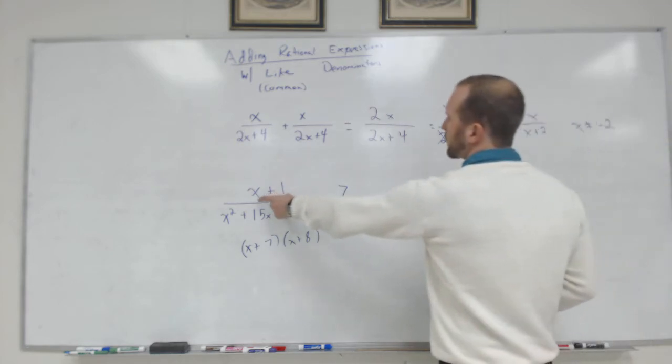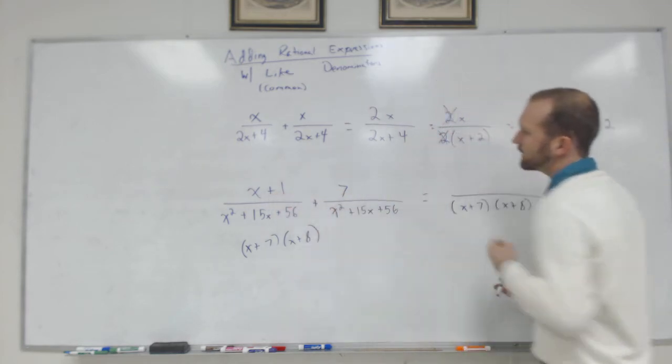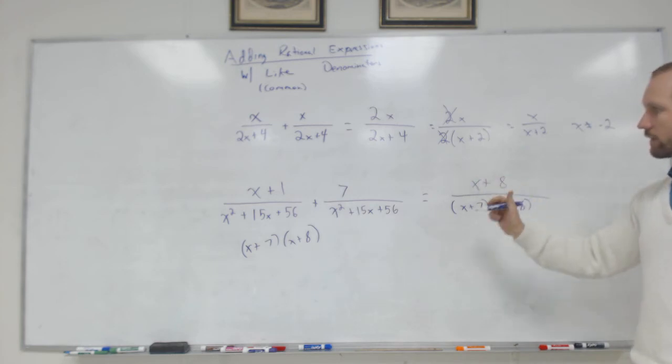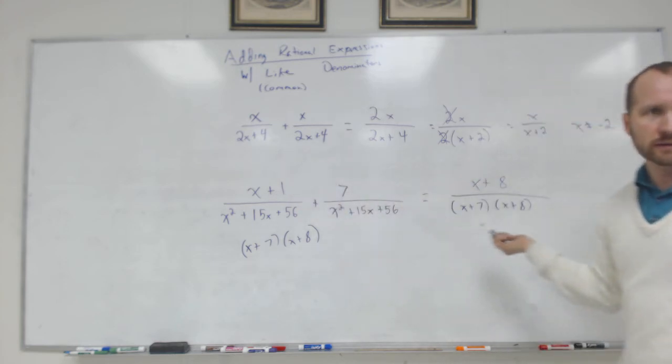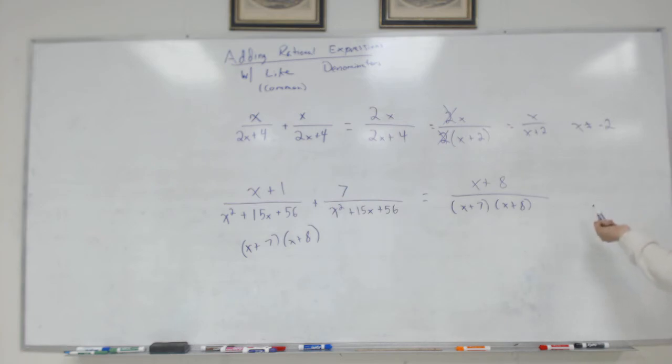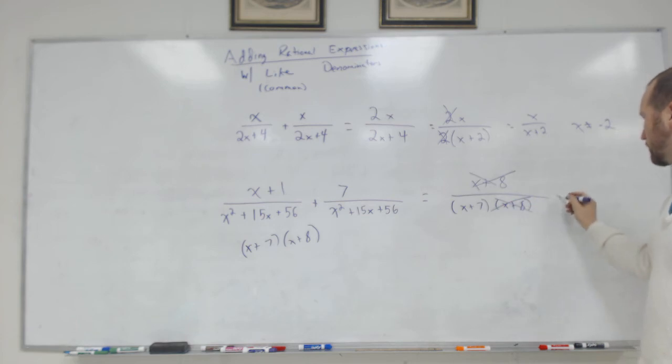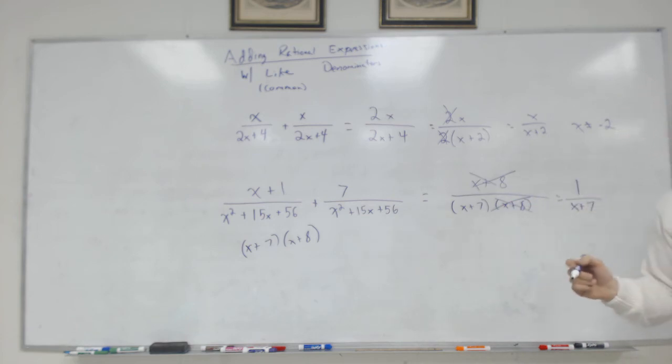And then I look at the top, x plus 1 plus 7 is x plus 8. I combine my like terms, right? Oh, and then I can cancel the x plus 8. So I would have 1 over x plus 7. Pretty much what we've already done, just adding.